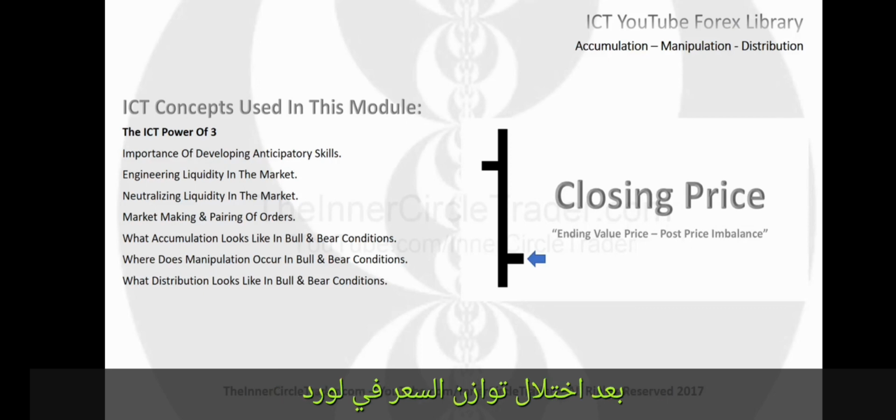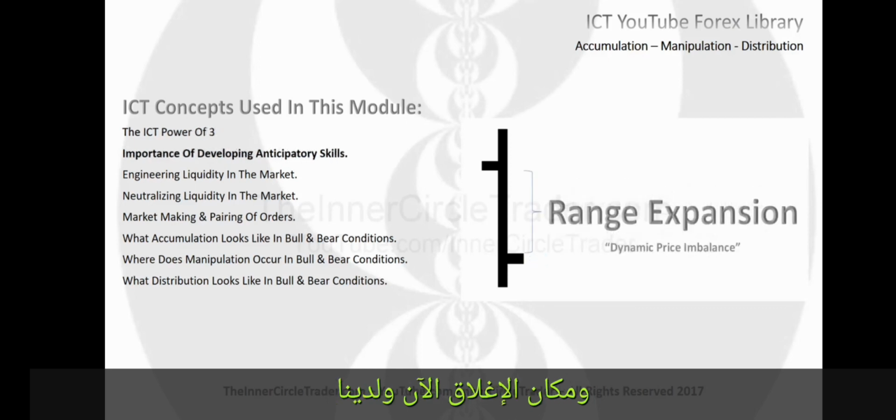In other words, the movement that took place between the open and where it's now closing. And we have the range expansion cycle that is basically dynamic price imbalance. So between the opening price and the closing price, when we're bearish, this is what we would be expecting or anticipating in price, okay, a lower close.